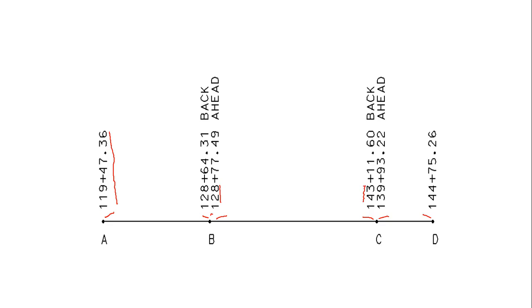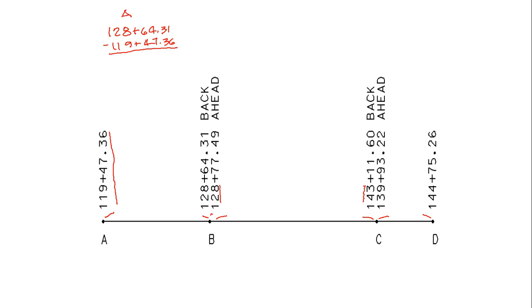So if you wanted to find the distance between A and B, you would take 128 plus 64.31 and you would subtract 119 plus 47.36. I'm not going to do the math for you because this is one of your practice problems.